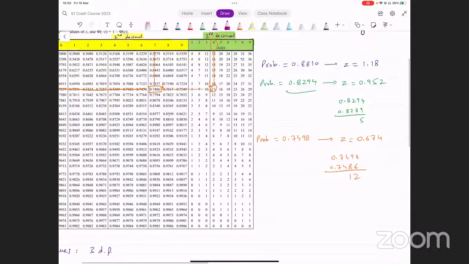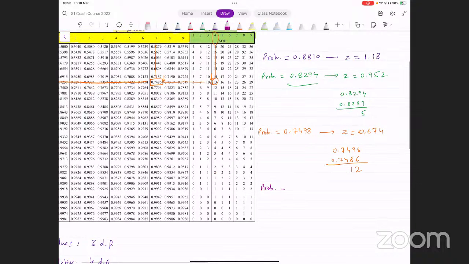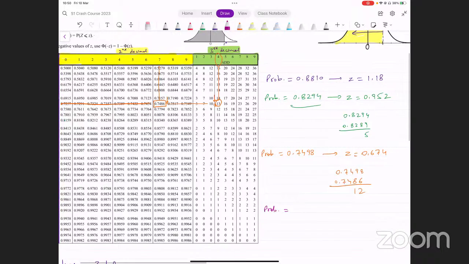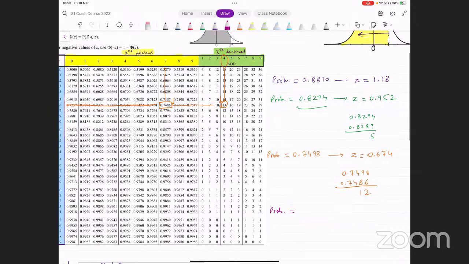Let's say we have a probability given that looks like this. Let's say this one is 0.6684.